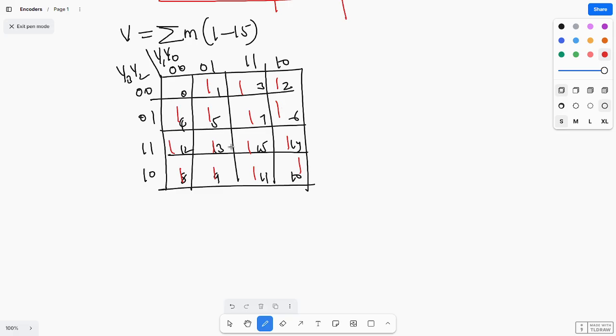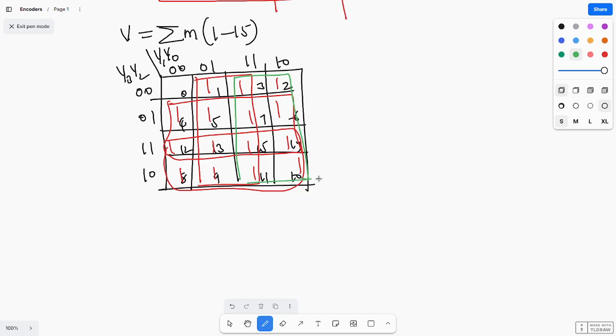Okay, so from this, this is one octet, and this is one octet. And if you see, this one is one octet, this one is one more octet, this one is also one more octet.